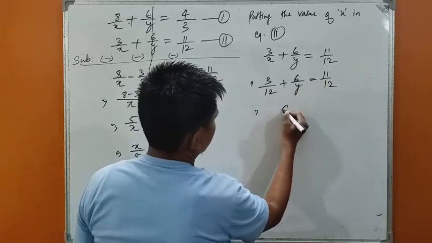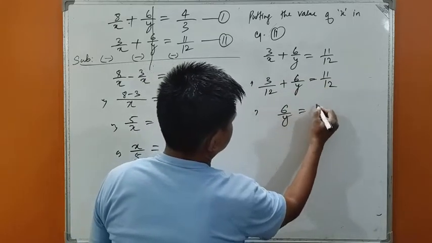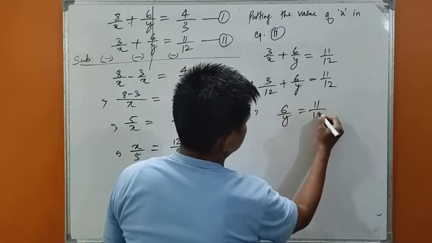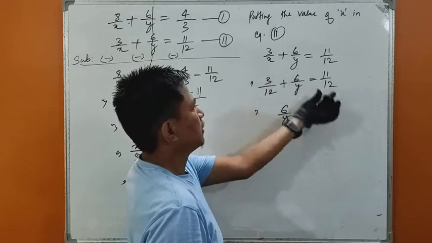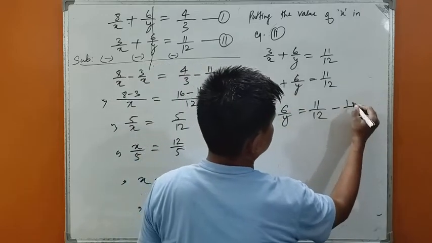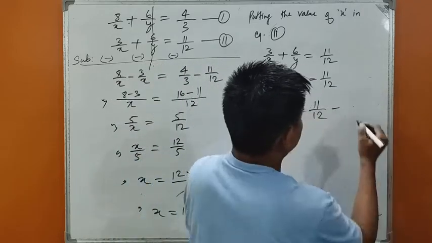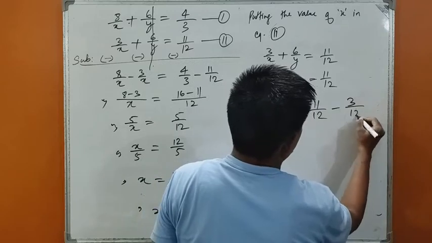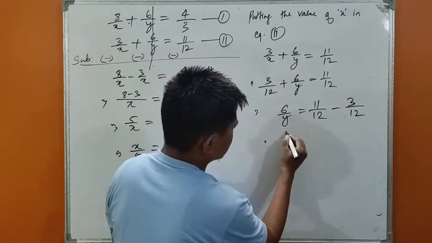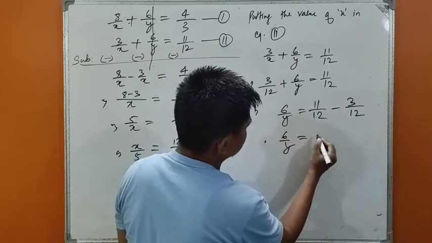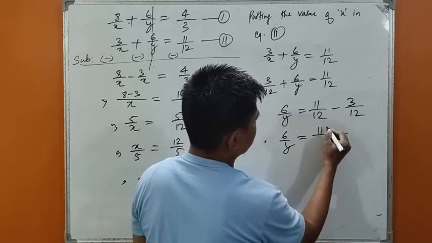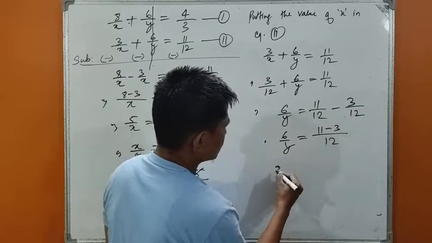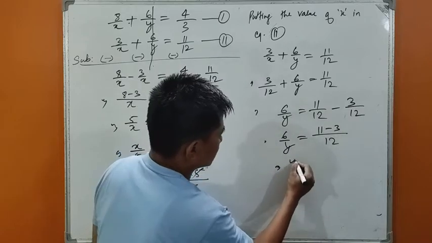Or 6 upon y, let us skip to the left hand side and take the other number to the right hand side. 11 upon 12, we already have in the right hand side. Plus 3 upon 12 becomes minus 3 upon 12, isn't it? Or 6 upon y equals to, this 12 and 12 LCM will be 12, and here we have 11 minus 3.